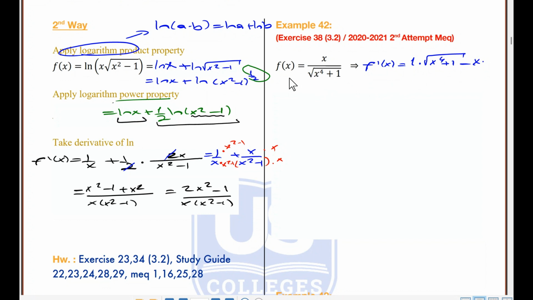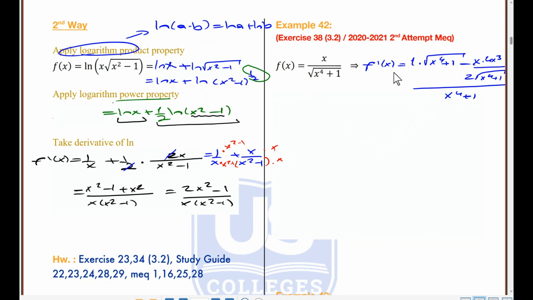So it involves a radical. Remember how to take the derivative of square roots. You take the derivative of the inside first, which is 4x cubed, divided by 2 square root of the same function, all over the denominator squared. The square of the denominator is x to the fourth plus 1, no more square root.